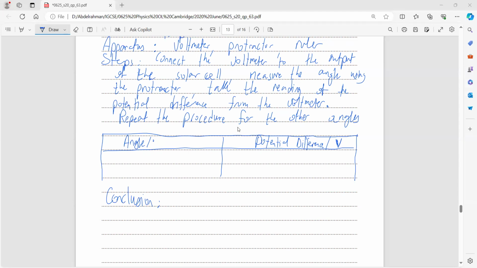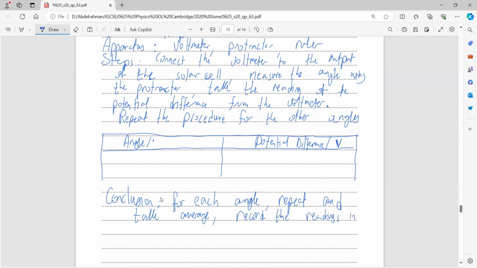Record the readings in the table. Then, after I record the readings in the table, what should I do?